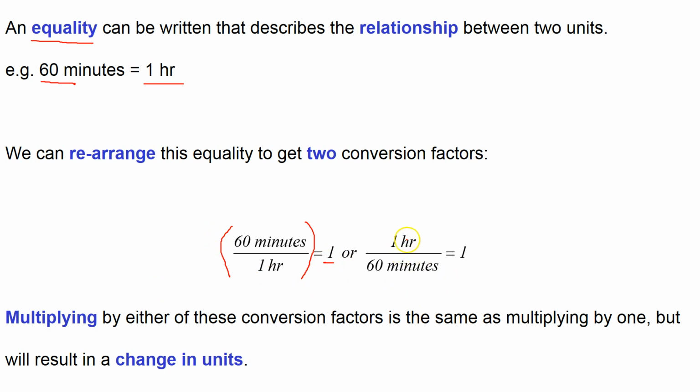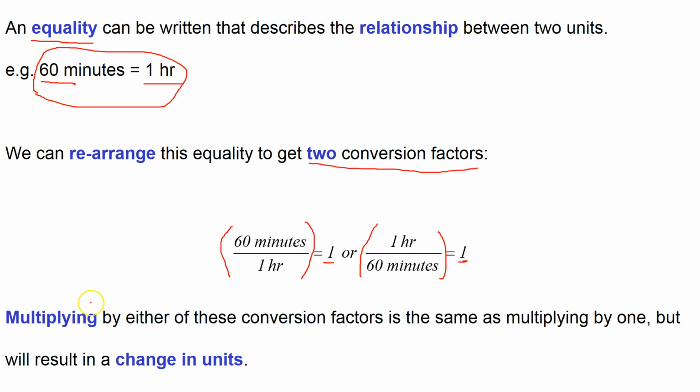We could also write 1 hour divided by 60 minutes, and that too would be equal to 1. So you can see what we've done here is we've taken this one equality and we've reorganized it to get two fractions, both equal to 1, and these guys are what we call our conversion factors.